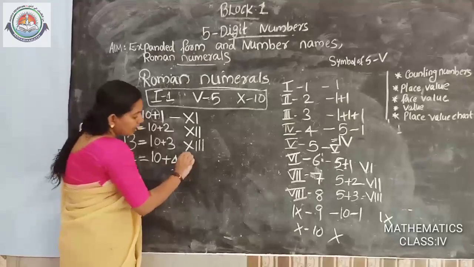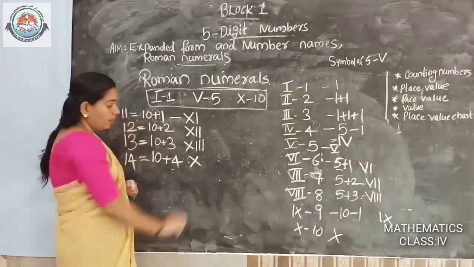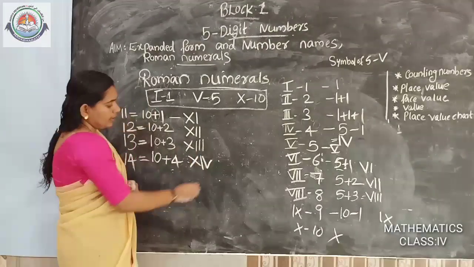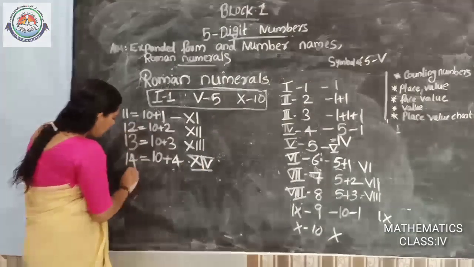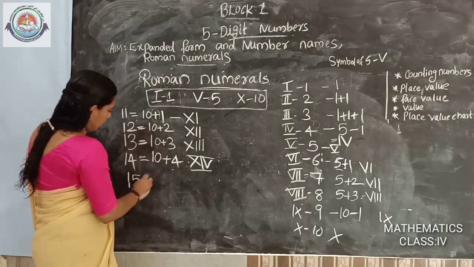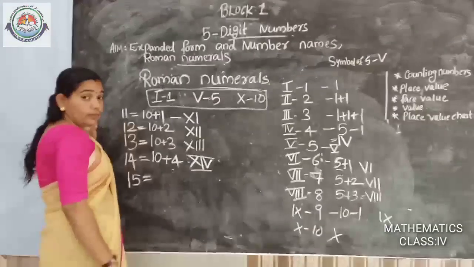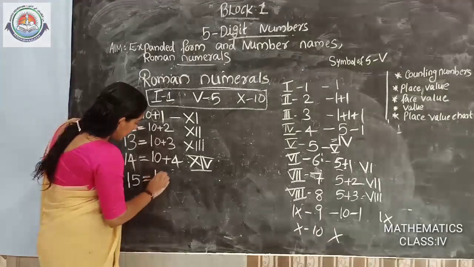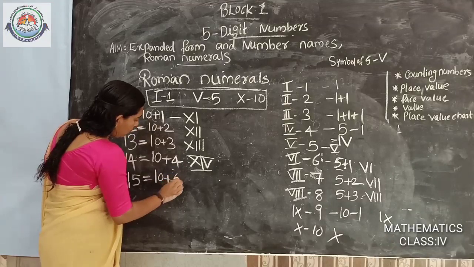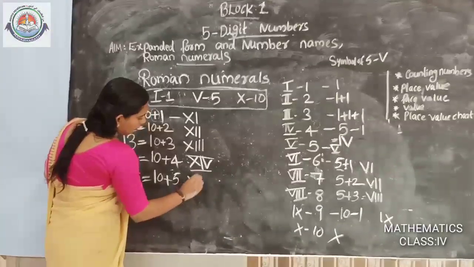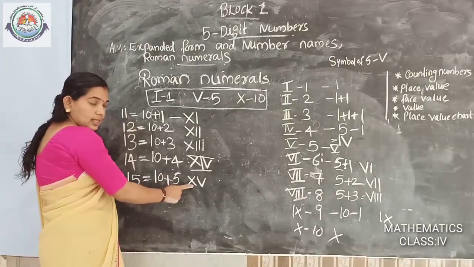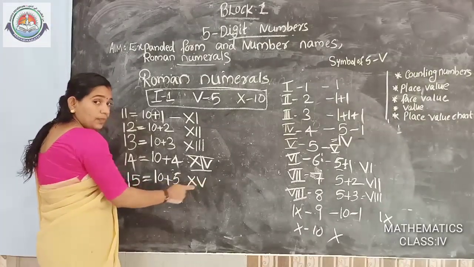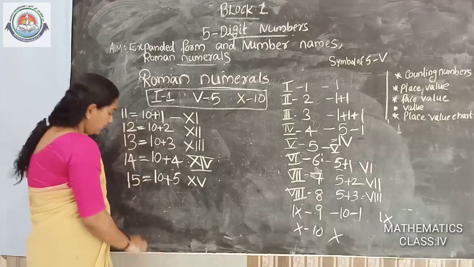What is the symbol of 10? This, and symbol of 4. So what is the symbol of 14? This. Then 15. How do you write expanded 15? 10 plus 5. The symbol of 10 is this and symbol of 5 is this. So like this you are writing 15.